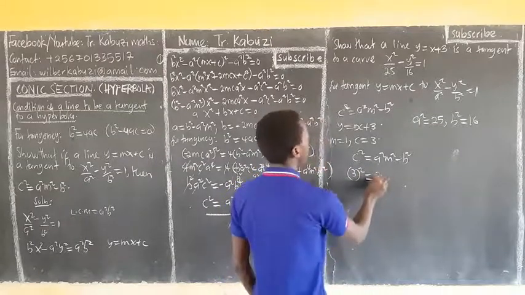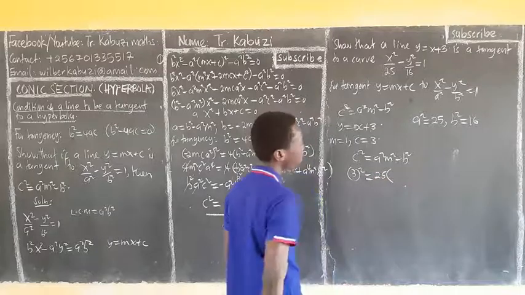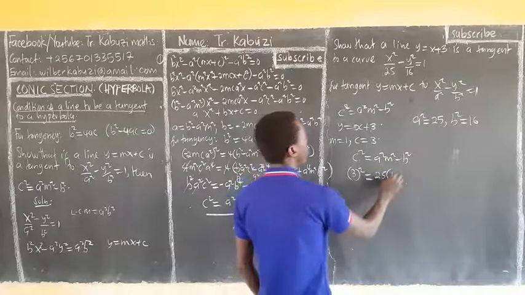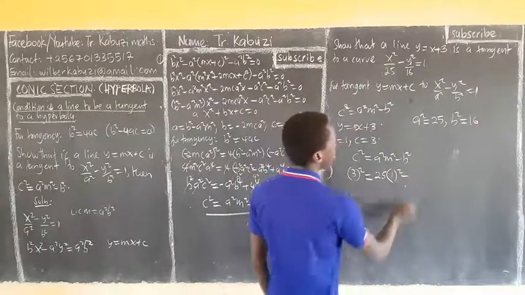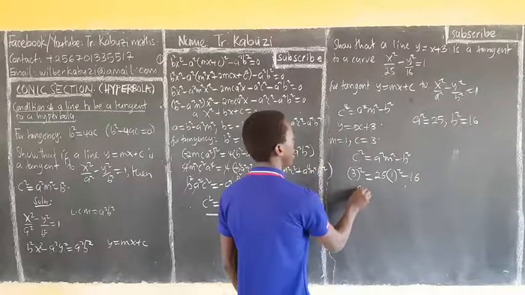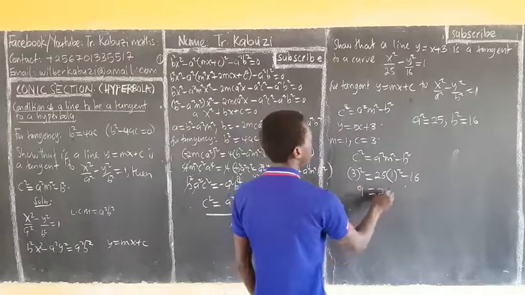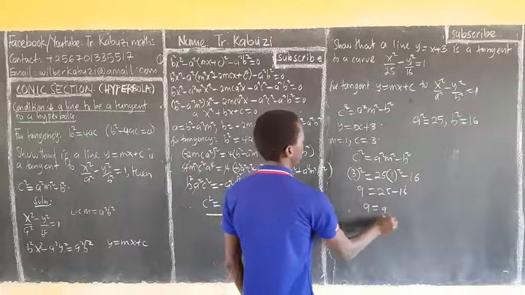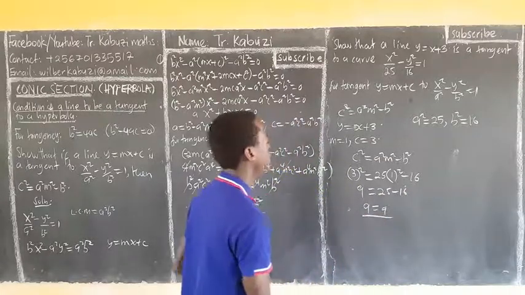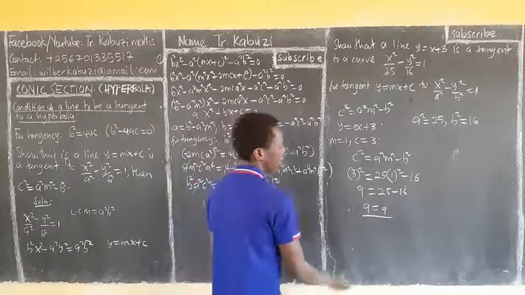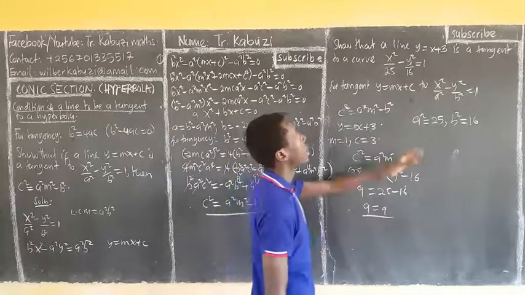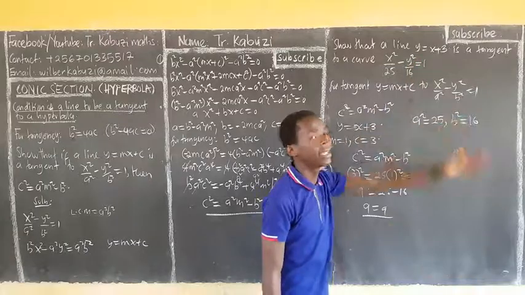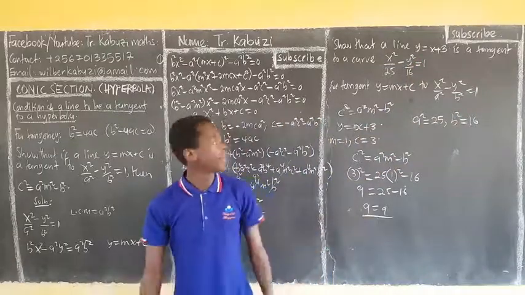Your a squared is 25 into now m squared, you have 1 squared and minus b squared is 16. So this will be 9 equaling 25 minus 16. And I think 9 will be equal to 9. And then you can conclude it. Since this and this are equal, then this line is a tangent to this curve.